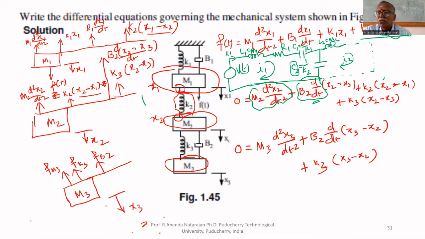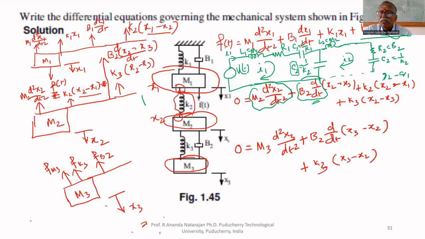Here it is identical to Q2 minus Q1. For X2 minus X3, one resistor is there, that is R2 equal to B2. Current through this is I2 minus I3. And one more K2 is there, that is one capacitor, C2 equal to 1 by K2, 1 upon K2. That's all.